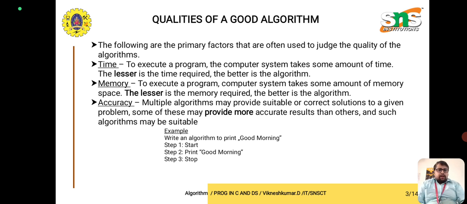Next is accuracy. When two people write an algorithm, accuracy says how fast, how short, and how little storage the algorithm needs, that is, it provides a more accurate result than another algorithm. So the qualities of an algorithm depend upon time, memory and accuracy.